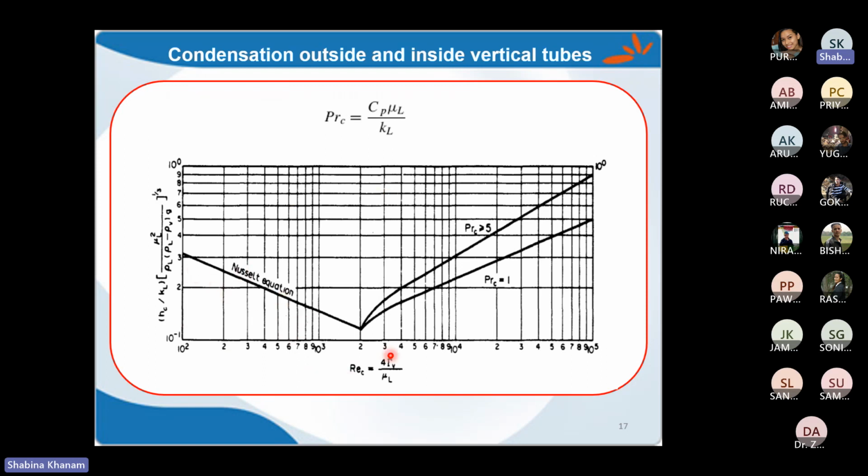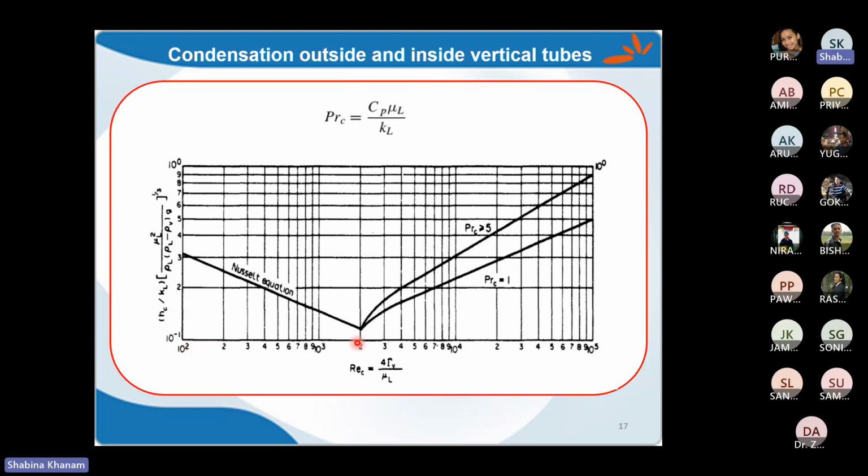So this is the Nusselt equation, and from 2000 Reynolds number, beyond that it will depend on Prandtl number also, which you can calculate by this expression. And depending upon the Reynolds number and Prandtl number, you can see the value of this whole expression from the y-axis, and this expression value will be equated to the y-axis value, and from that you can find out HC.